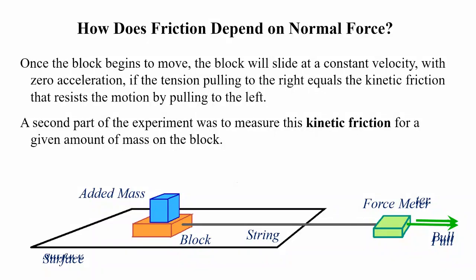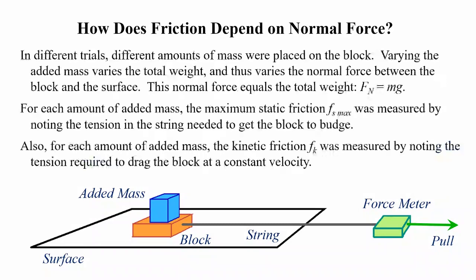A second part of the experiment was to measure this kinetic friction for a given amount of mass on the block. In different trials, different amounts of mass were placed on the block. Varying the added mass varies the total weight, and thus varies the normal force between the block and the surface. This normal force equals the total weight. Normal force equals mass times g.